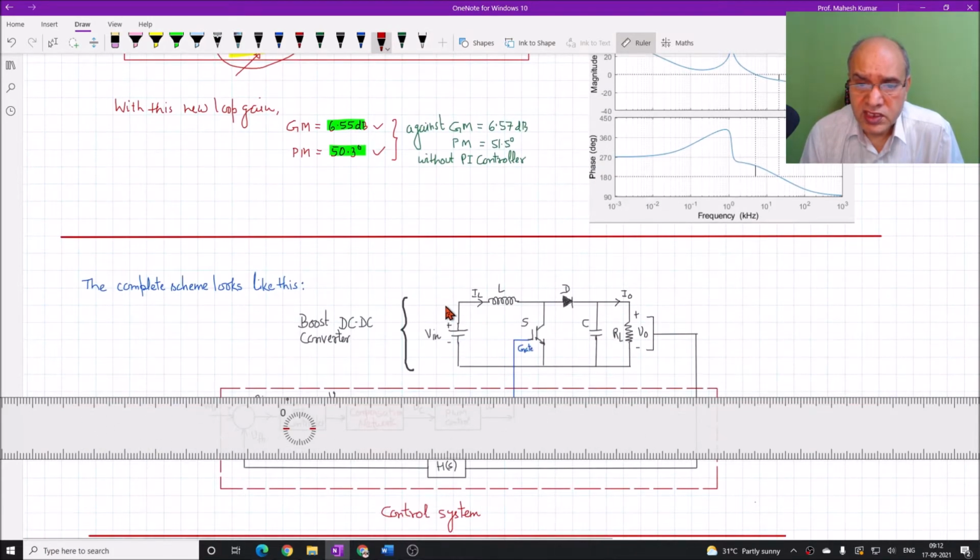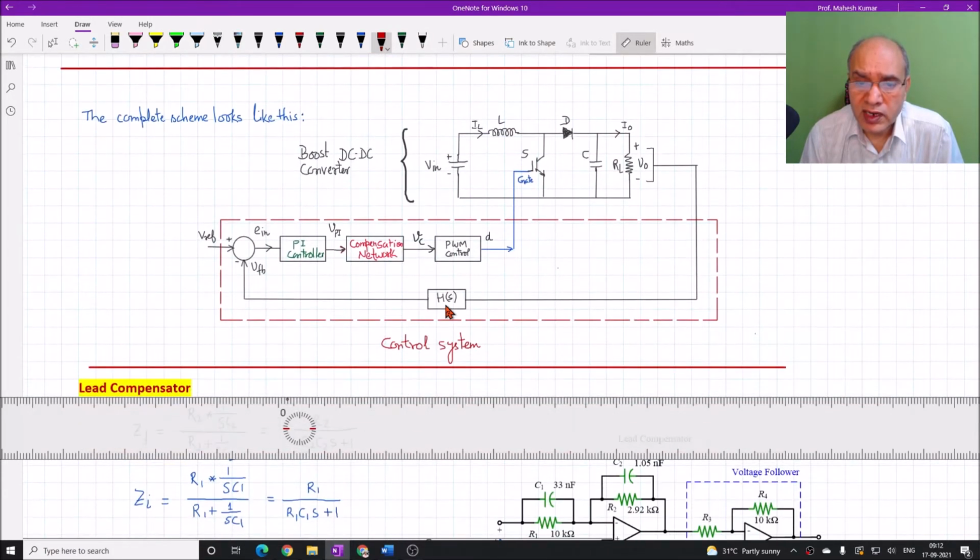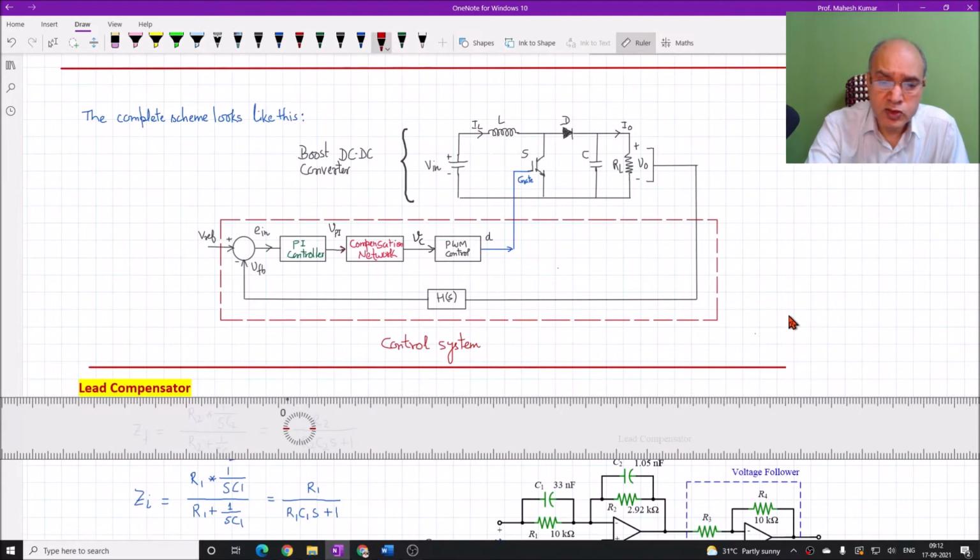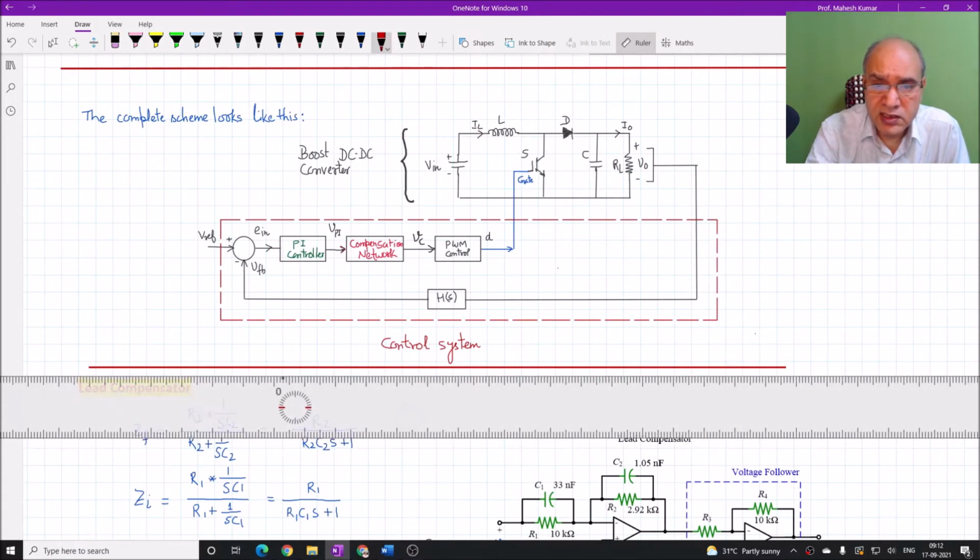So you can see here the overall scheme look like this, which was also explained in the previous class, that this is the power circuit, which is the boost converter.